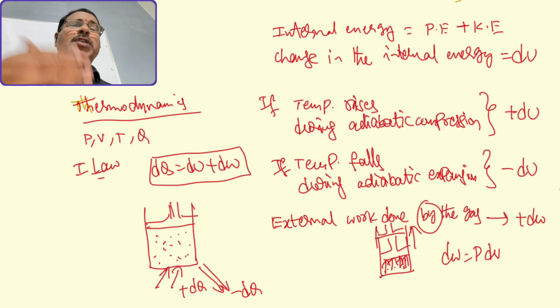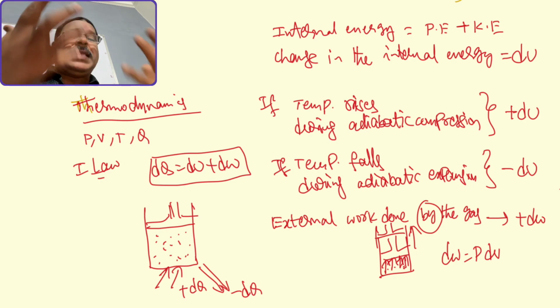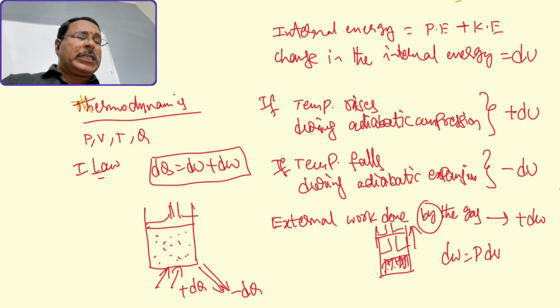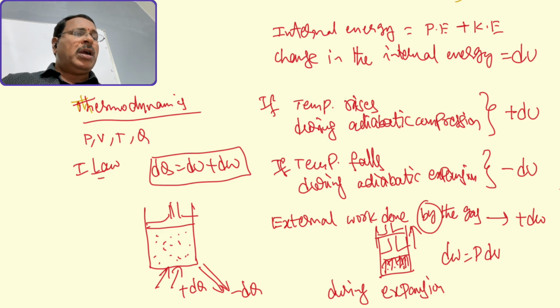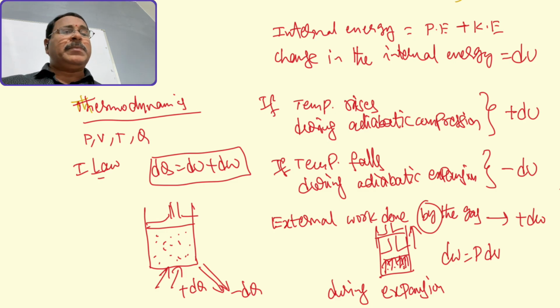Volume increases during external work done by the gas. So during expansion of the gas, whatever the expansion may be, the change in volume becomes positive, then automatically work done becomes positive. Work done by the gas is positive always, right?